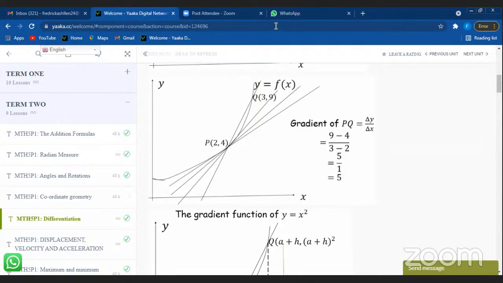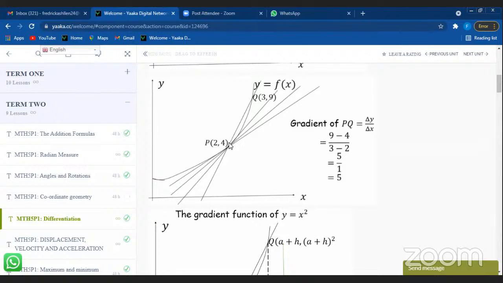That is good. Any other? So on this second illustration, a curve. Okay, Joel. So we are able to see that it is a curve.